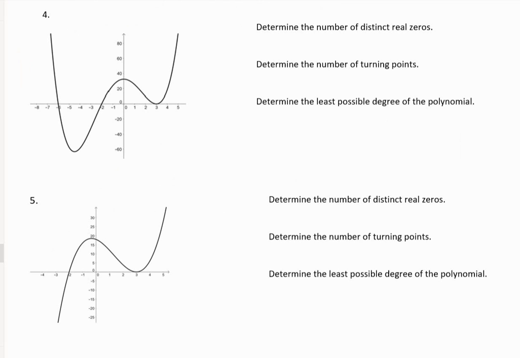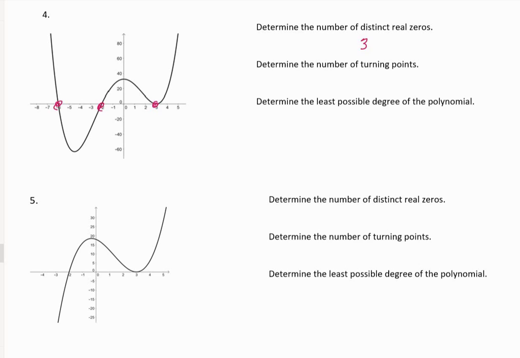Okay, problem 4. Determine the number of distinct real zeros. So I have 0 here, here, and here. So I have 3 distinct real zeros. This 0 has a multiplicity that's even because this graph bounces off the x-axis and then goes back up.